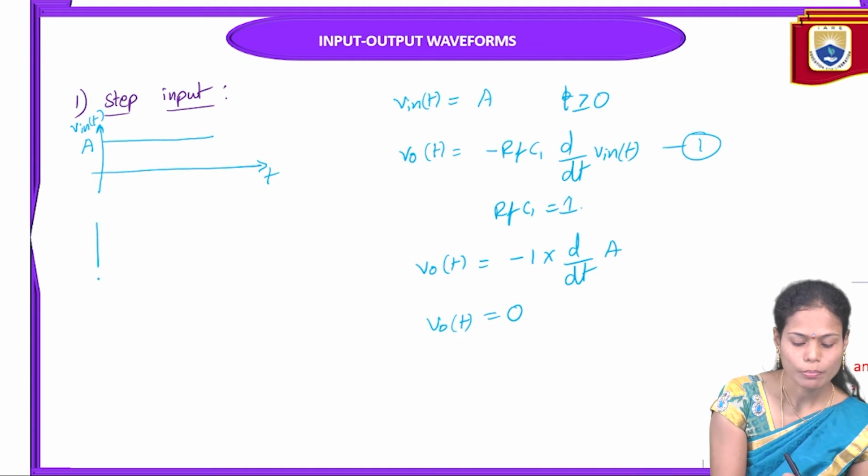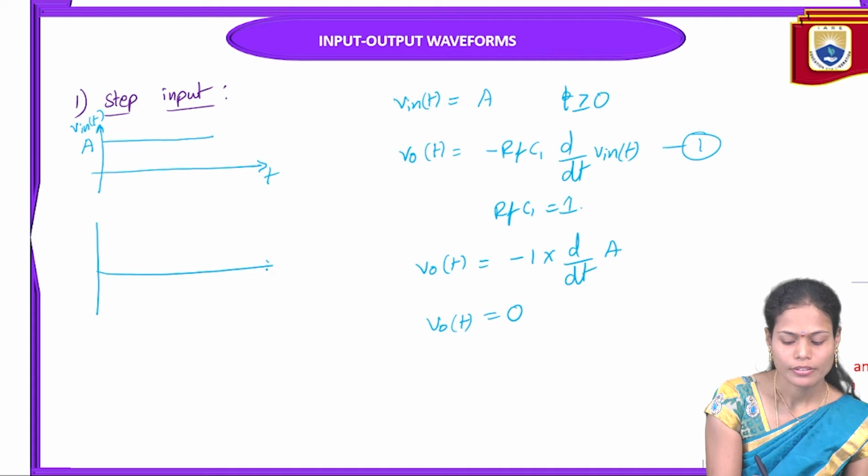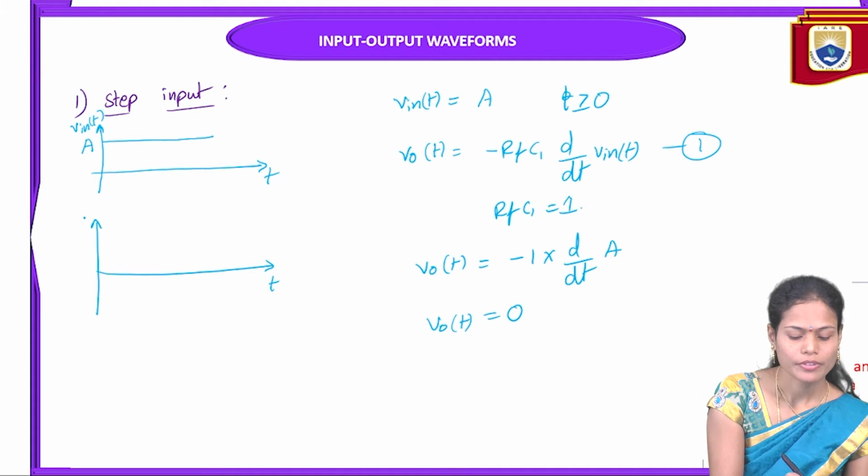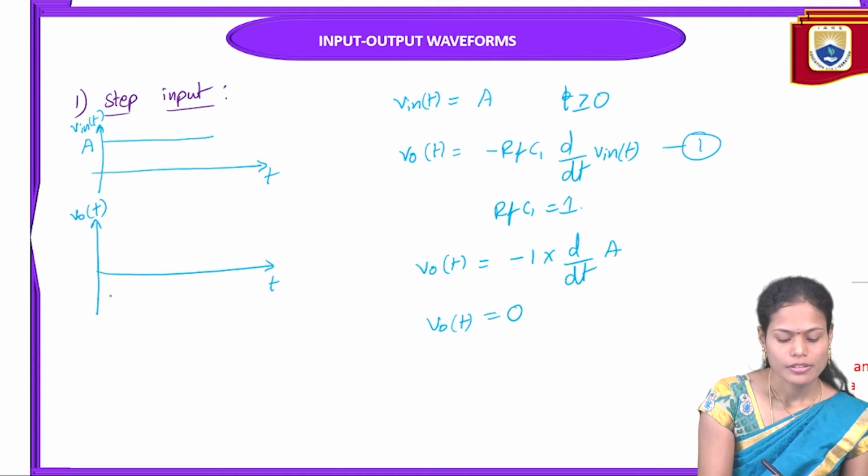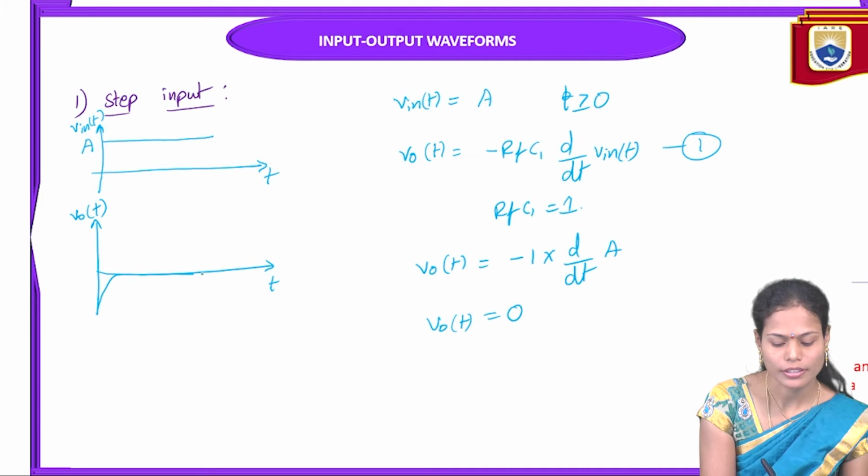So what is my output waveform here? That is also with respect to t. For V naught of t, we will get the spike, and after that it is totally 0 here.